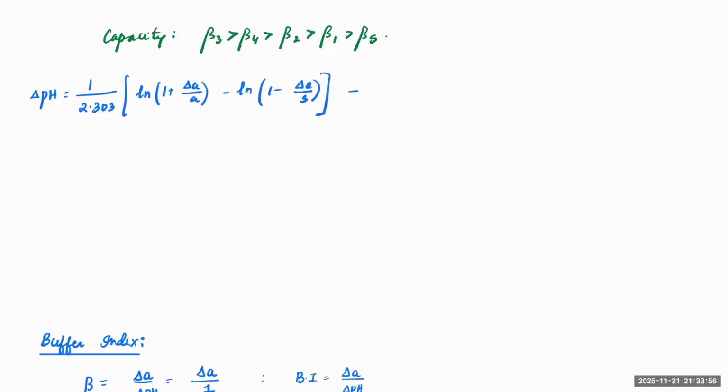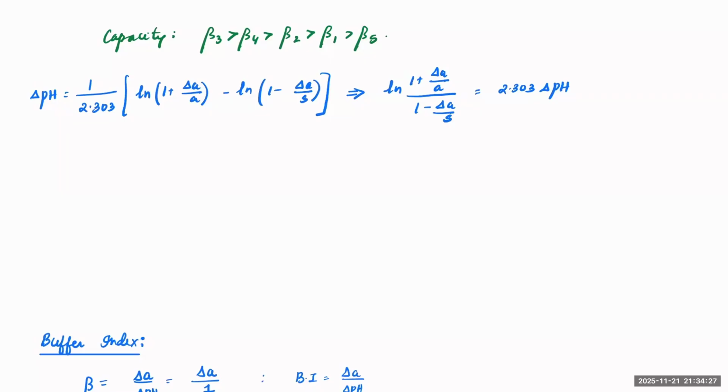Correct? So that implies I can write it as ln 1 plus delta A by A divided by 1 minus delta A by S, which is equal to 2.303 into delta of pH. And now, let me put everything in log only.